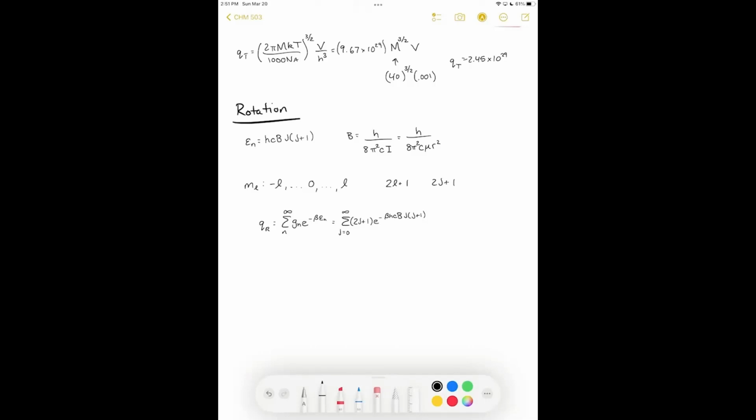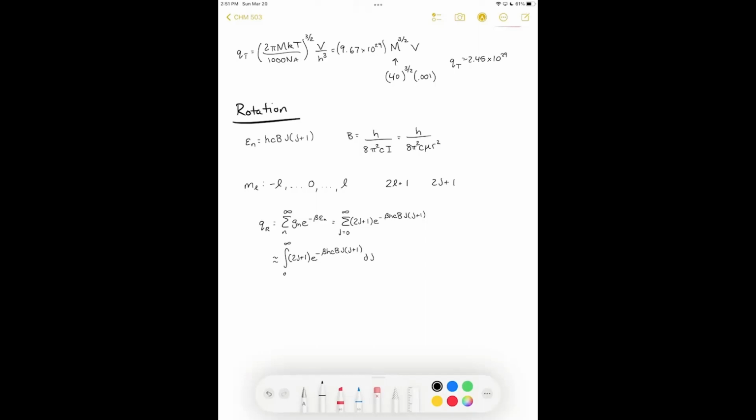So we can say then that the partition function is approximately the integral from 0 to infinity of (2J plus 1) e to the minus beta HCB times J(J plus 1) with respect to J.